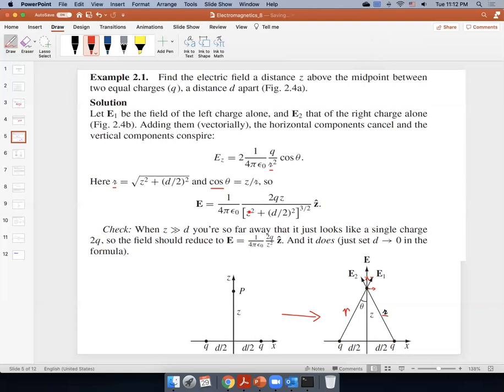So you will see if z is big enough, this equation will degenerate into 1 over 4 pi epsilon times 2Q over z squared in z direction. So that means if z is very long, then the two charges perform like a single charge.